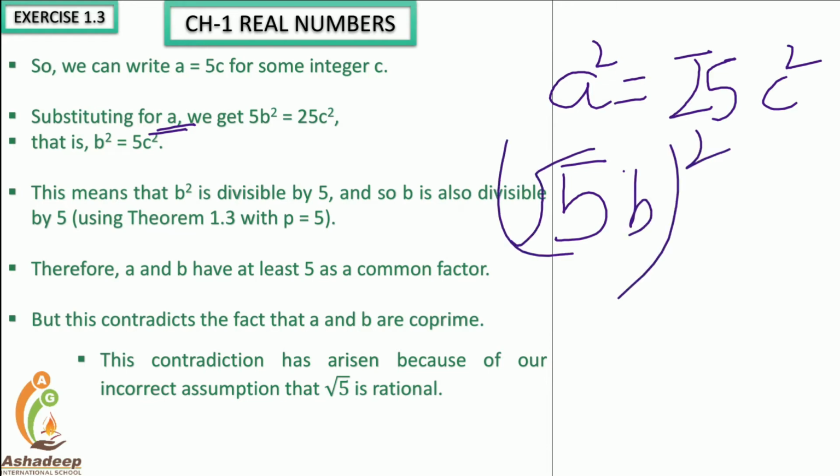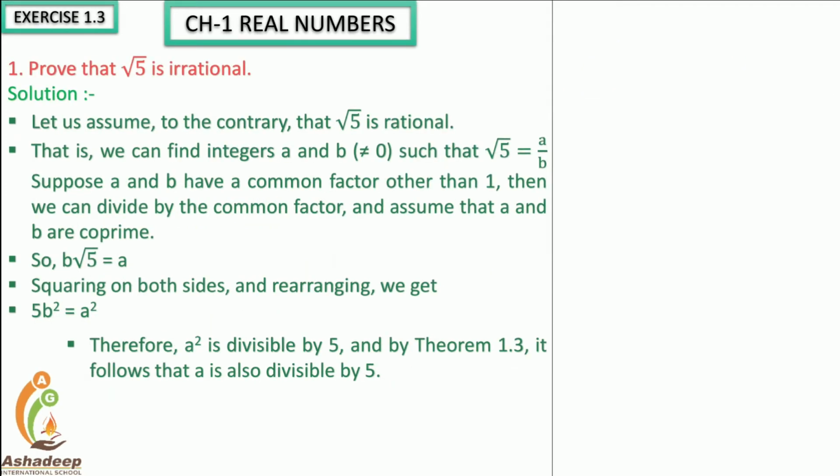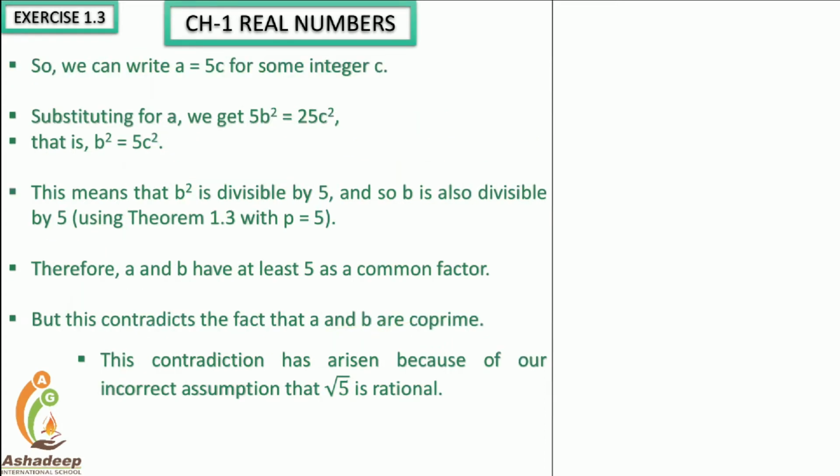Now square is equal to 25c square. See here once again, a is equal to 5c. Now instead of a, we need to put the value. The value of a is nothing but b square root of 5. So here we have a is equal to 5c.